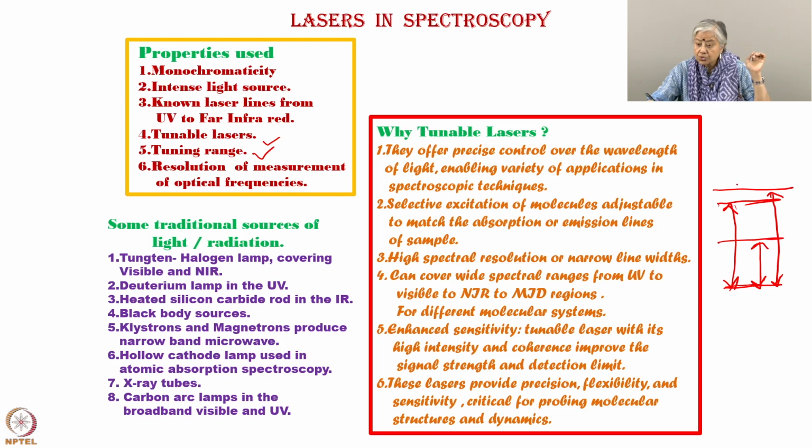So when I want to know these energy levels, that means I must have a source which has a wavelength commensurate with this energy level difference. Remember h nu, okay? The energy level is proportional to h nu, and the moment you say it is proportional to 1 by lambda, I need a source where this lambda can be tuned from lambda 1 to lambda 2 to lambda 3.